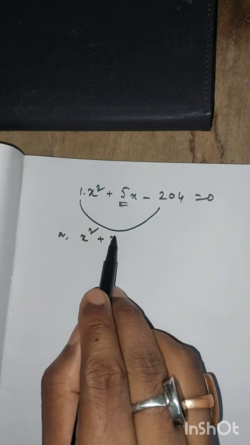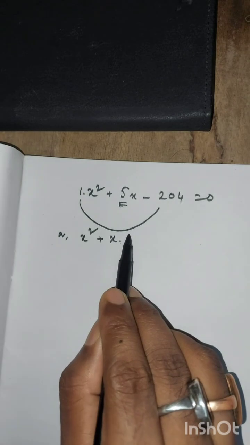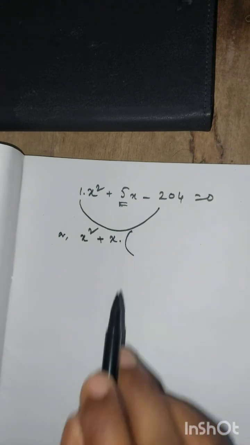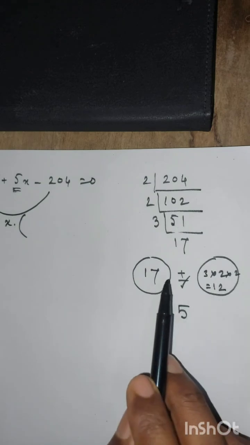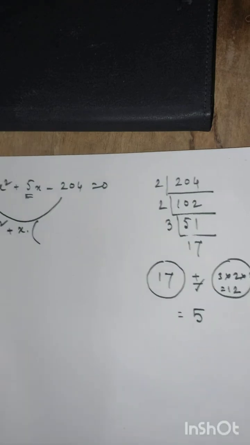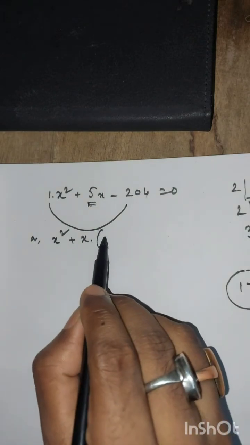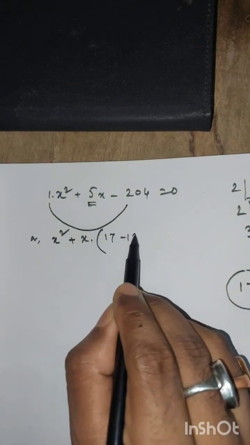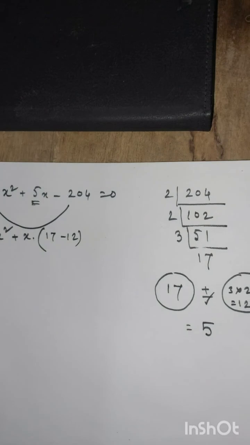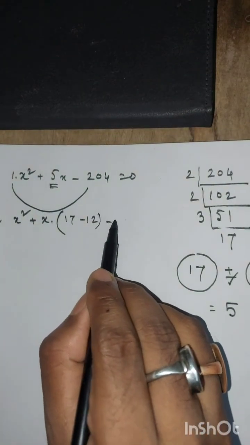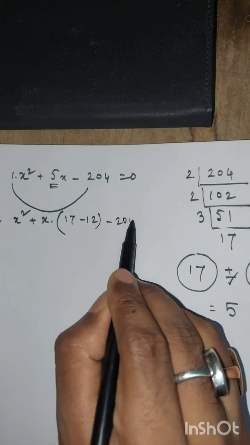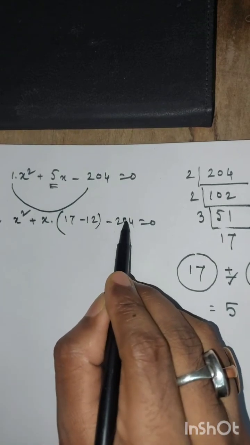So we are writing x into, in bracket, in place of 5 we are writing 17 minus 12, and minus 204 equal to 0.